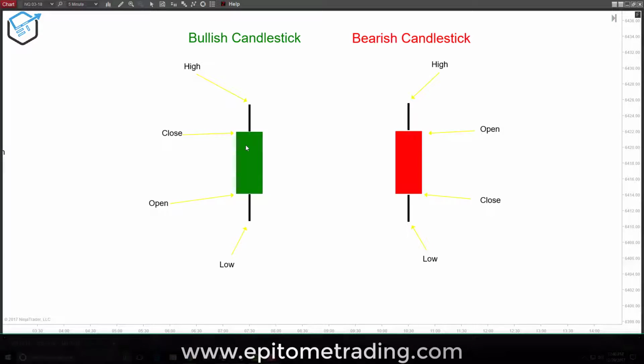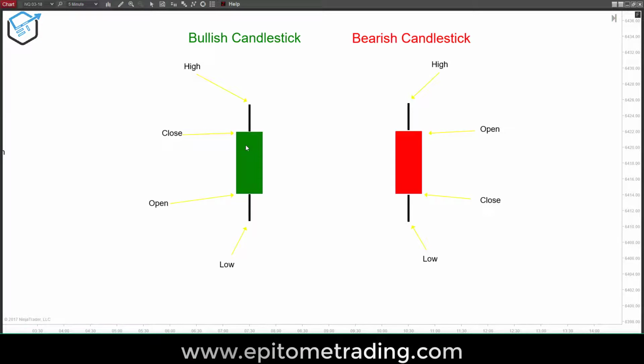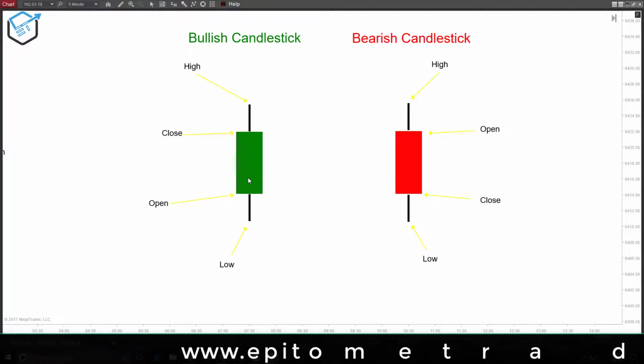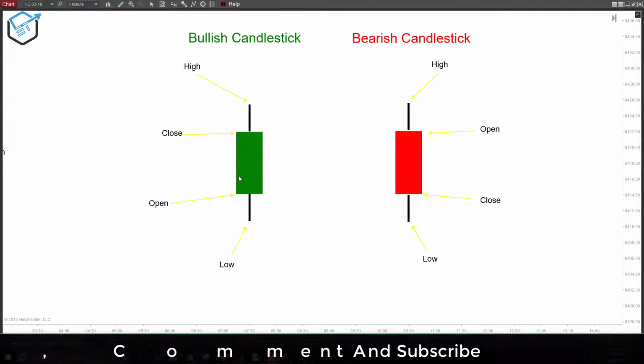Some of you might beat me up a little bit because in a future video, I'm going to show you advanced candlestick patterns and how we combine multiple candles to make up a particular pattern. A bullish candle may not always be a bullish candle, but for this video, we're going to keep it very simple. If we have a green candle, we're going to assume that it's bullish.